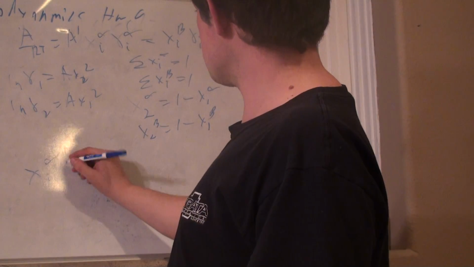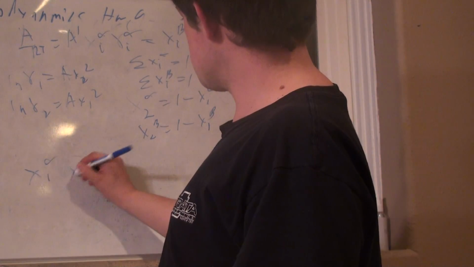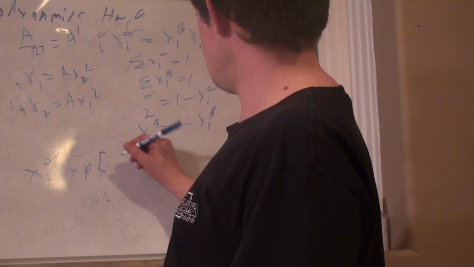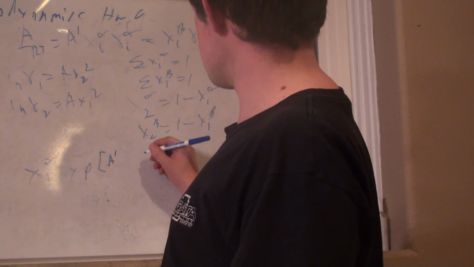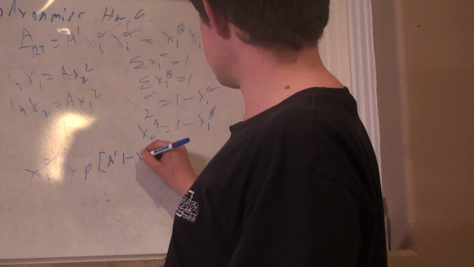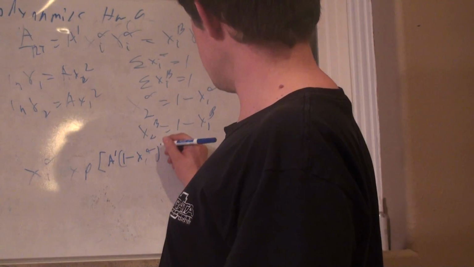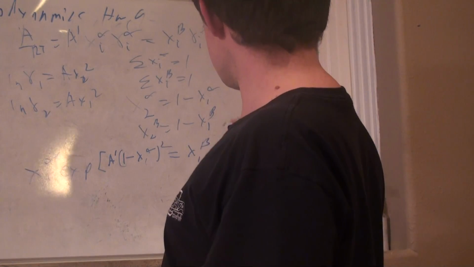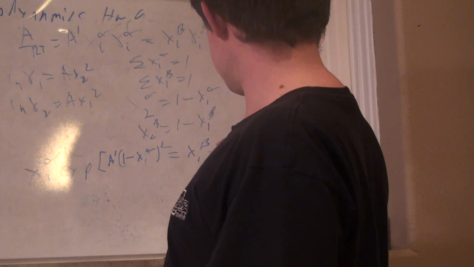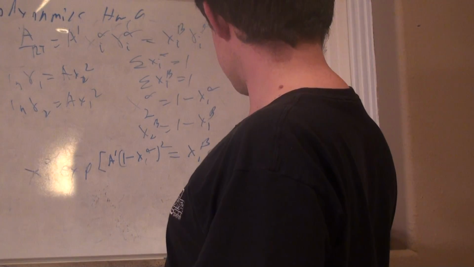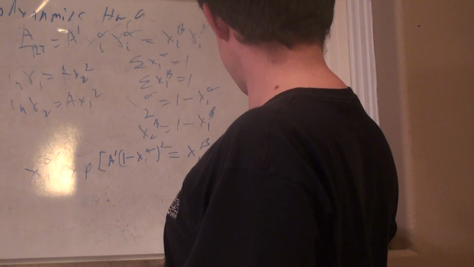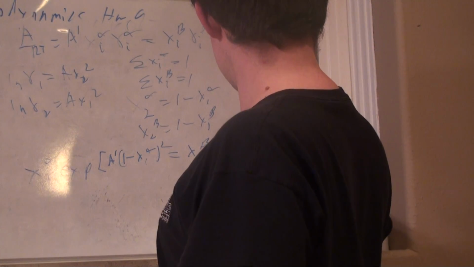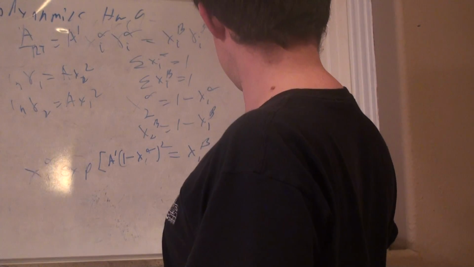So I've got x1 alpha times exponential of A prime times (1 minus x1 alpha) squared is equal to x1 beta times exponential of A prime times (1 minus x1 beta) squared.